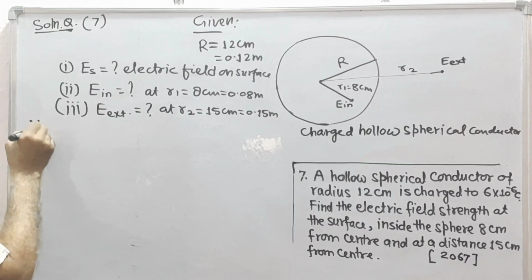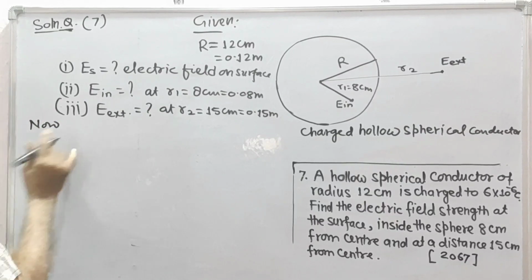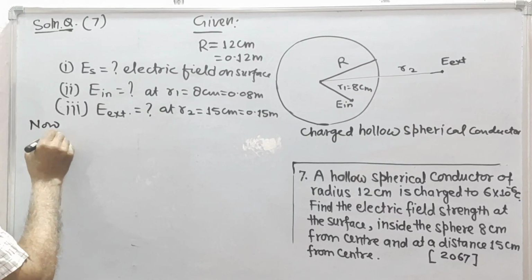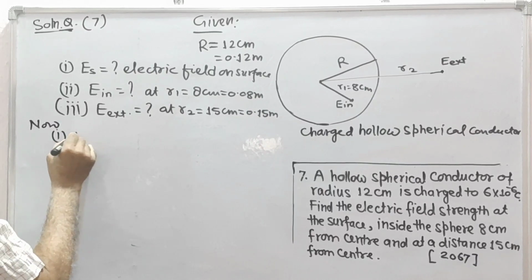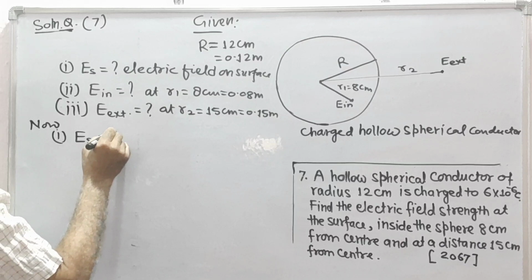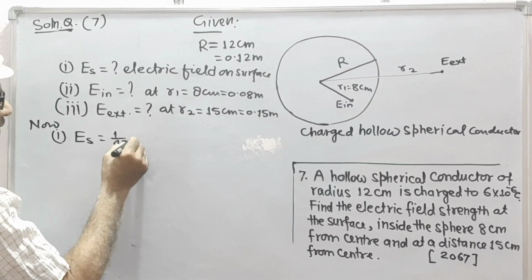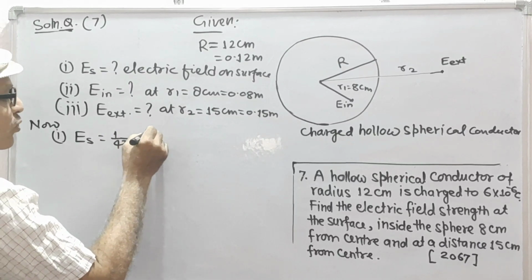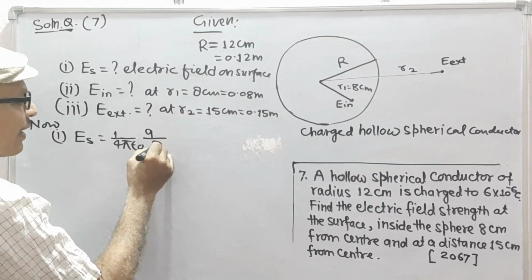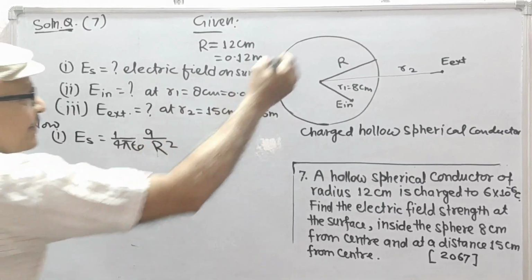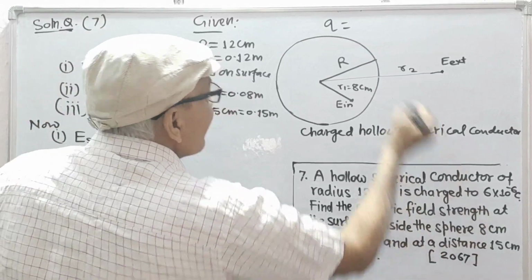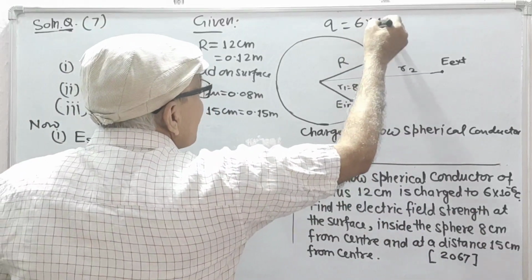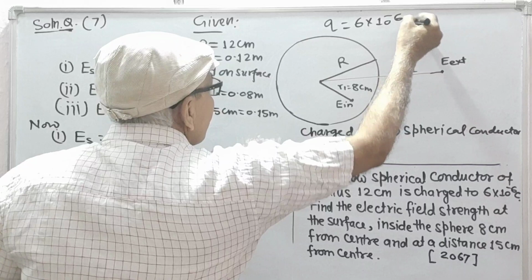Now, on the surface of charged hollow conductor, E surface is equal to 1 upon 4 pi epsilon naught, Q upon radius square. Charge on the hollow conductor is given to be 6 into 10 to minus 6 coulomb.